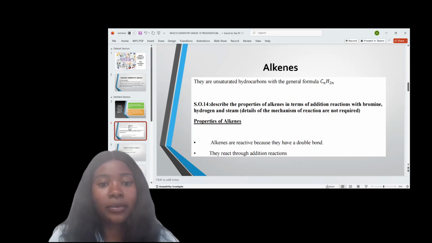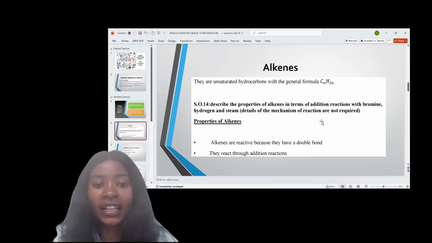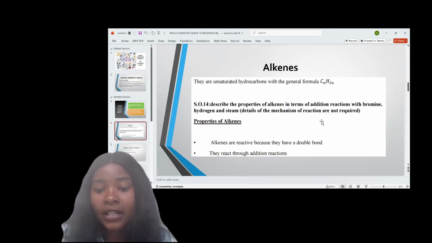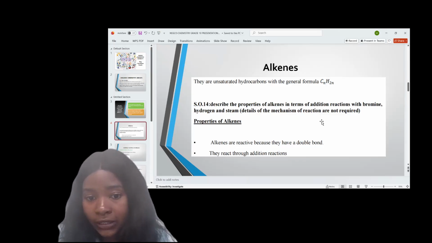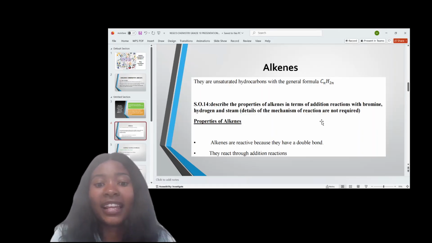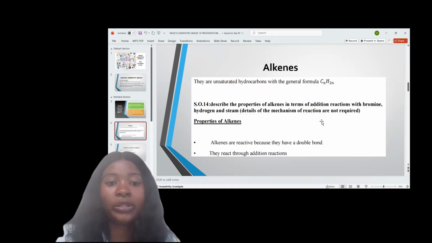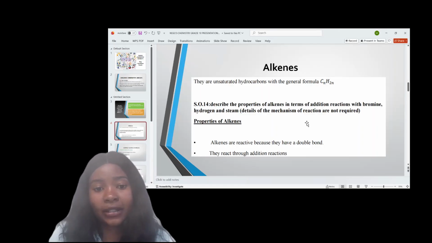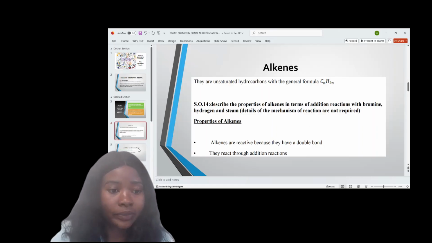When we are talking about the properties of the alkenes, we are saying that the alkenes are reactive because they have a double bond, and they react through what we call addition reactions. We will see in the next slide what I mean by that.